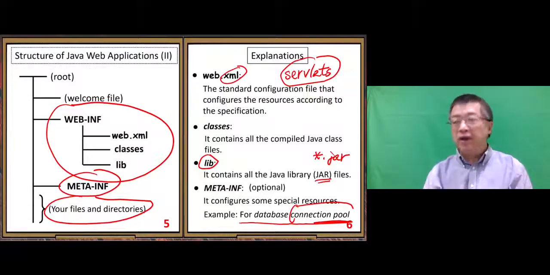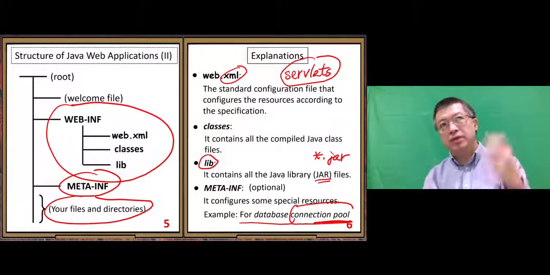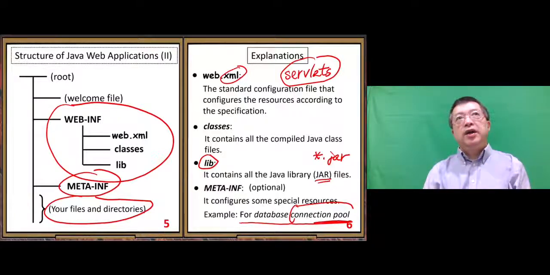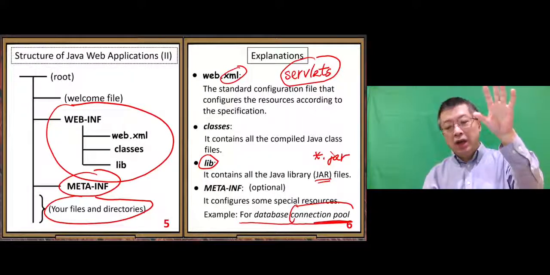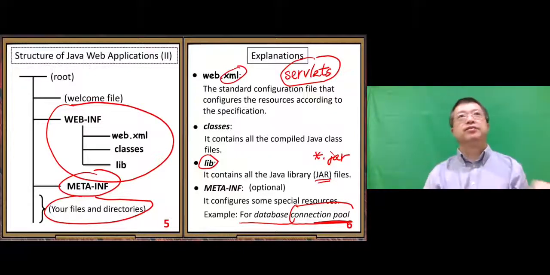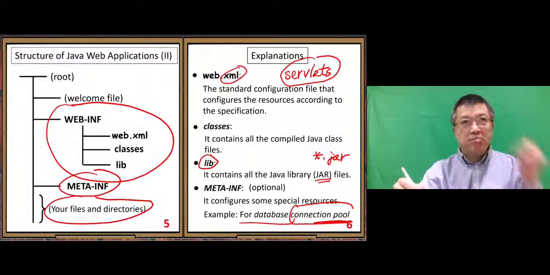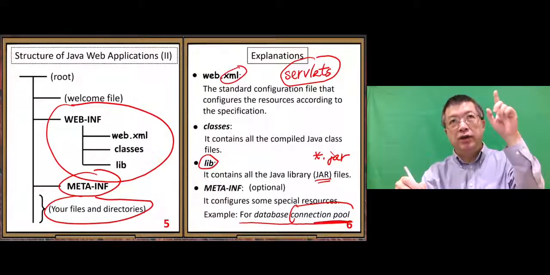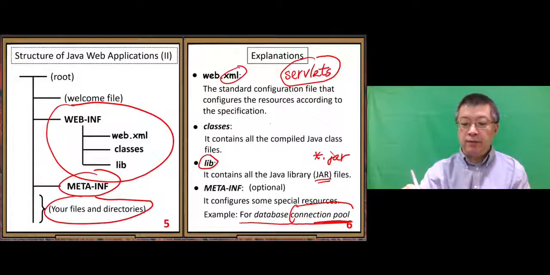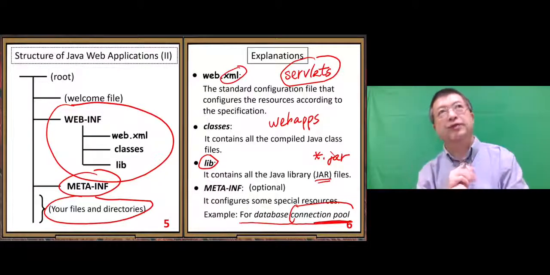What do you mean by deploy here? Let me explain the deployment. When we use Tomcat, deployment is very simple. Inside Tomcat, you can find a special folder called the webapps folder, W-E-B-A-P-P-S.